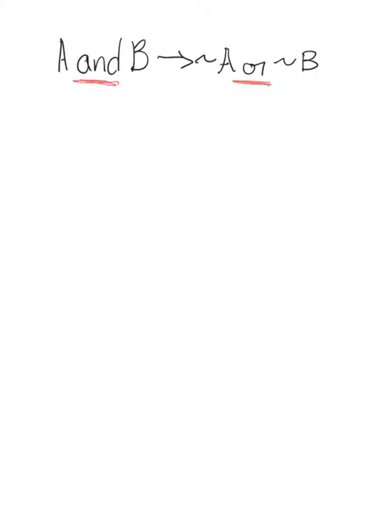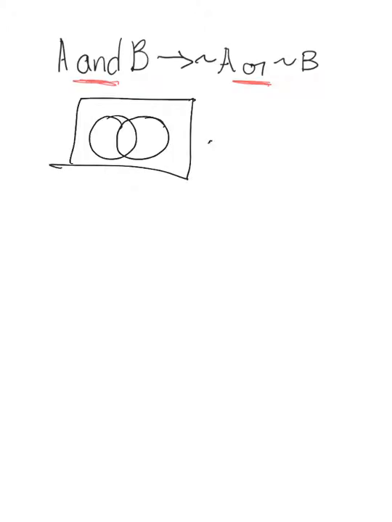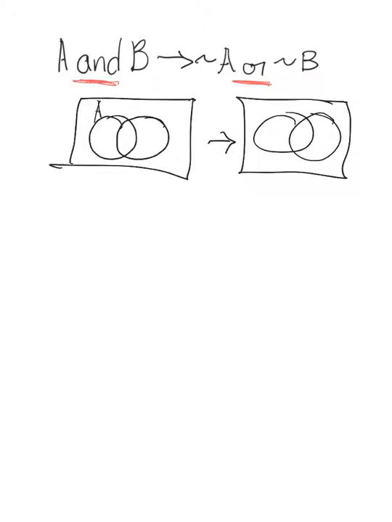To see this visually, if you think of a Venn diagram again, where this is A and B, if it's in both A and B, then it consists of this right here. But if it's not in A or it's not in B, then it consists of all of that.